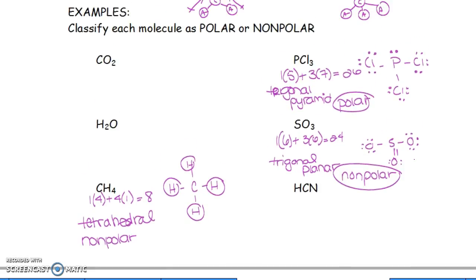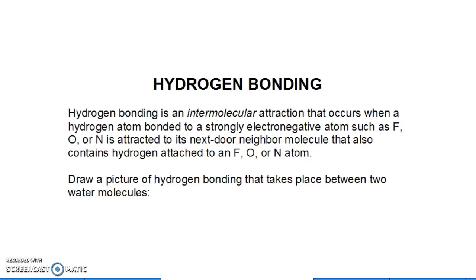And that is it for our polarity examples. The next part of these notes that is really important is to identify what hydrogen bonding is. And the most important thing that you need to know is that hydrogen bonding is an intermolecular force that occurs when a hydrogen atom is bonded to a largely electronegative atom such as F, O, or N. So these are the FON bonds.